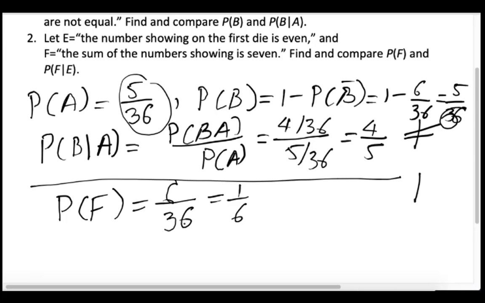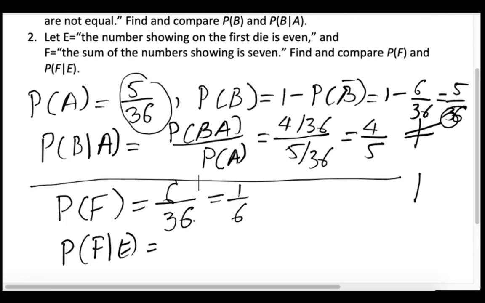And how about the probability of F given E? It is the probability of FE divided by the probability of E. The probability of FE is the event that the sum is 7 and the first is even.